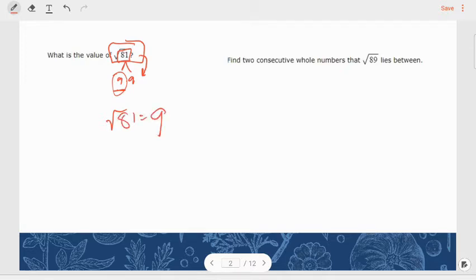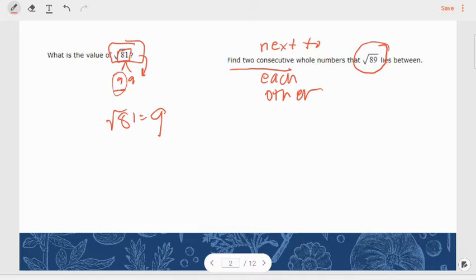Now, this next question says, find two consecutive, that just means next to each other, whole numbers that the square root of 89 lies between. The way that I'm going to calculate that is one of two ways.